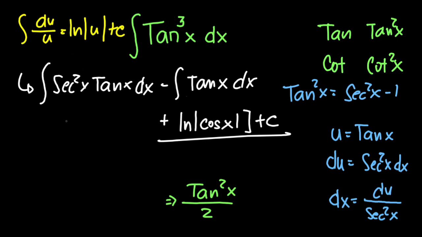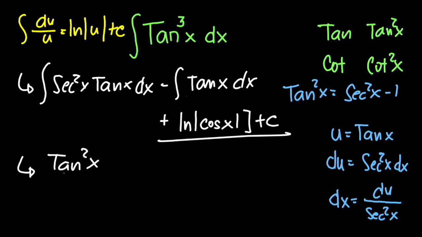And so by combining that, let me just rewrite this. The final answer here would be equal to tangent squared of x over 2 plus this, just copy it, natural log of absolute value of cosine of x plus c.